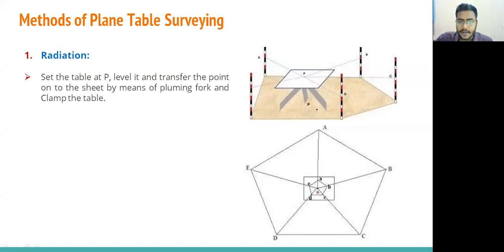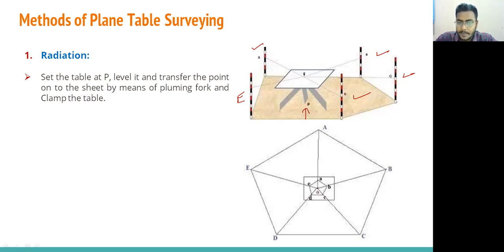This is station A, this is B, C, D, and E, so there are five stations. We keep the plane table at some other station in between them, that is P.